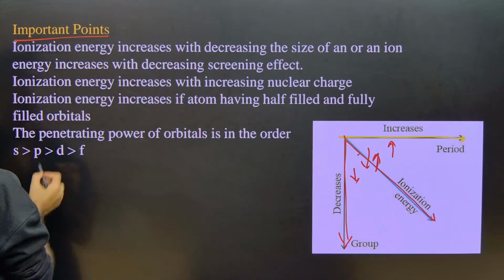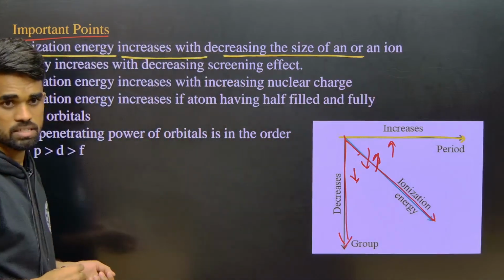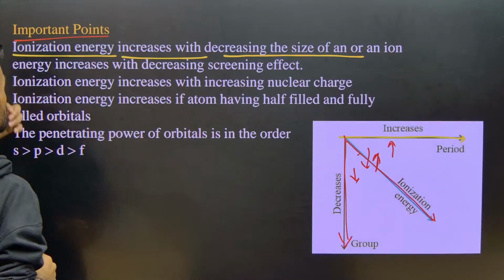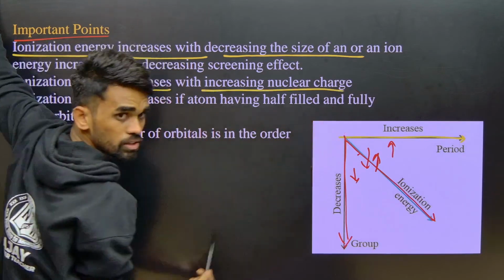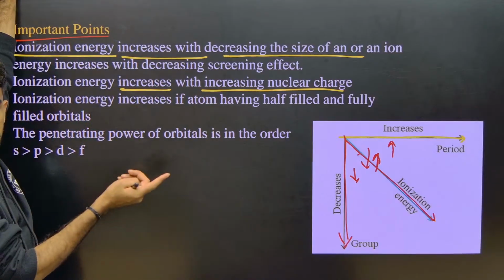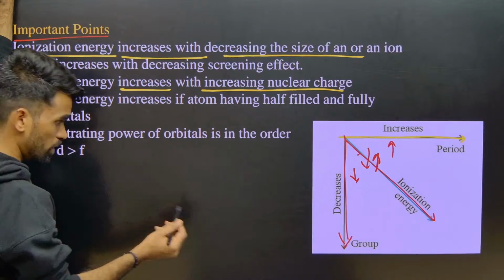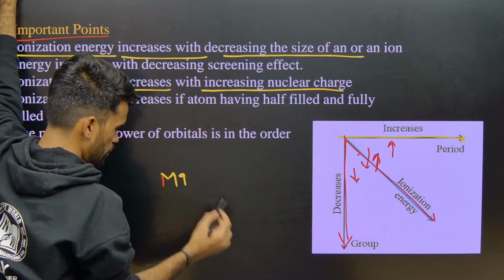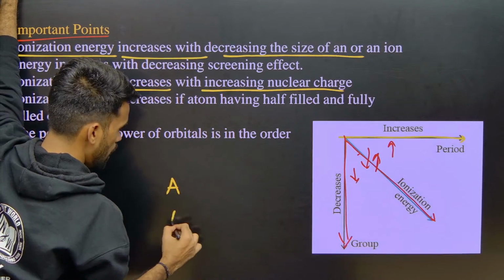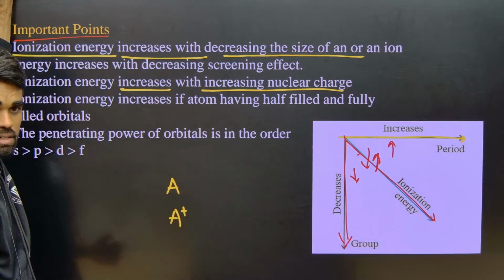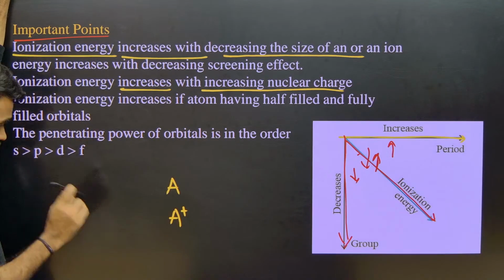What are the important points here? Ionization energy values increase with decreasing size. Next, ionization energy increases with more nuclear charge; the more positive charge, the more the ionization energy. Why? Because, tell me, removing an electron from A or A plus, from where is it difficult? That's what you can understand from this in a simple way.